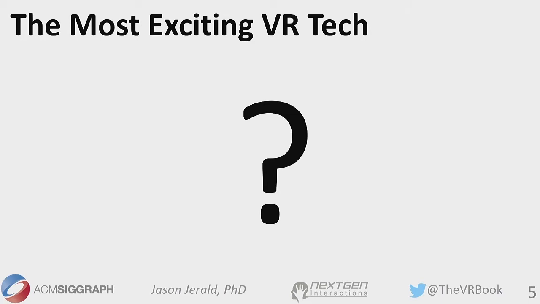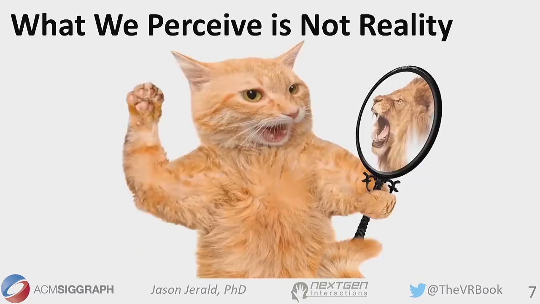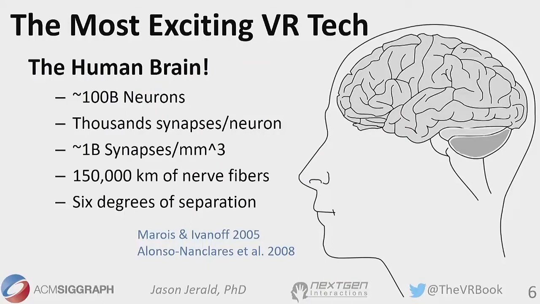There's other ways to do it, but without this technology I'm thinking about, I'd argue that virtual reality is not possible no matter what type of crazy tech you're using. Unfortunately, not a lot of people think about it much, even though it's been around for quite a while. It's actually been around thousands of years or even longer. And that, of course, is this thing called the human brain.